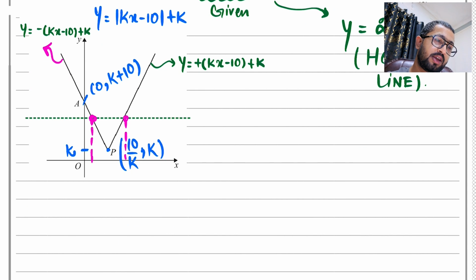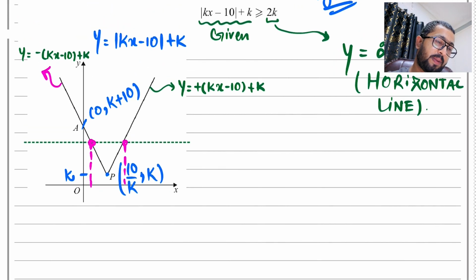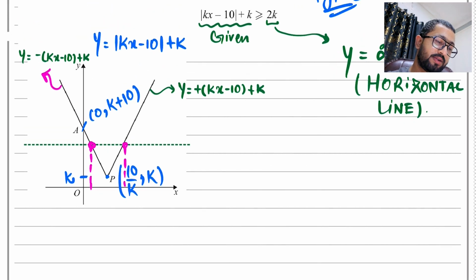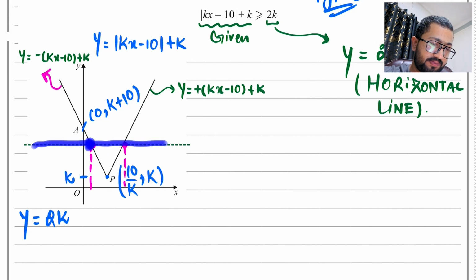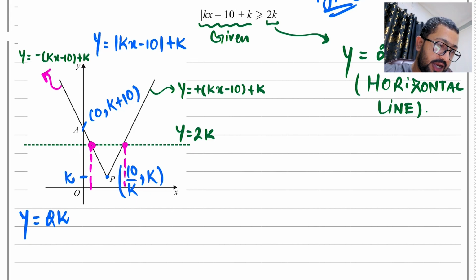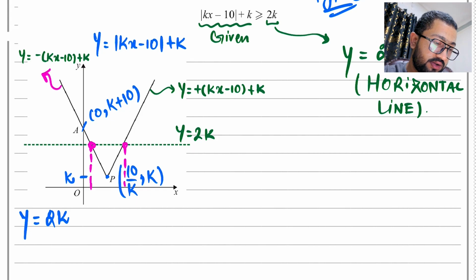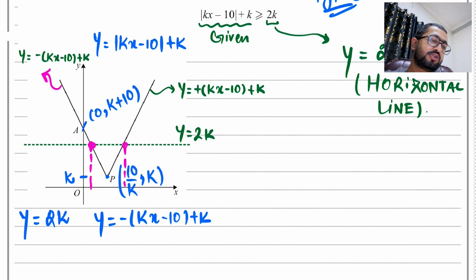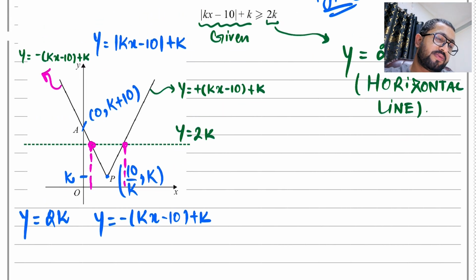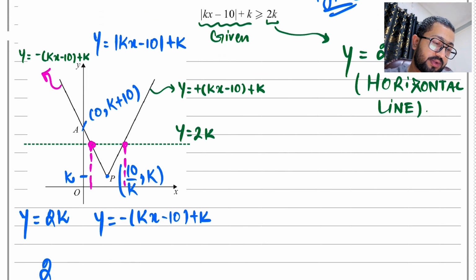Now you just have to find the points of intersection. So first point of intersection is with the y equal to 2k line, this point. This is the point of intersection between the y equal to 2k line and this line, which has the equation minus (kx minus 10) plus k. So put equal to each other, beta, and get the values of x. I hope everyone knows how to solve simultaneously.